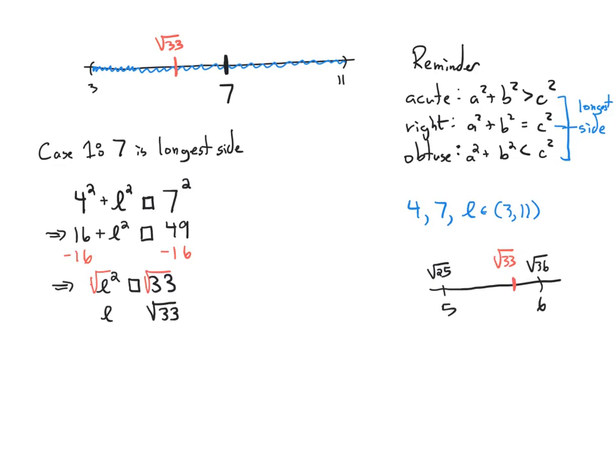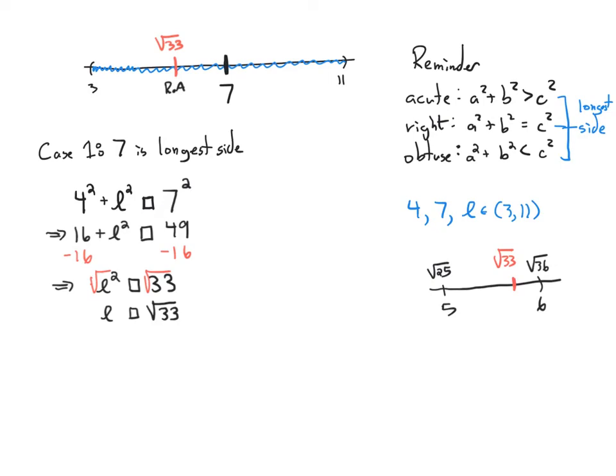If L equaled square root 33, imagine we had equals here for all of them, then our triangle would be a right angle triangle. So I'm going to erase those again. Here we go. So exactly at square root 33, we have a right angle triangle. Okay?